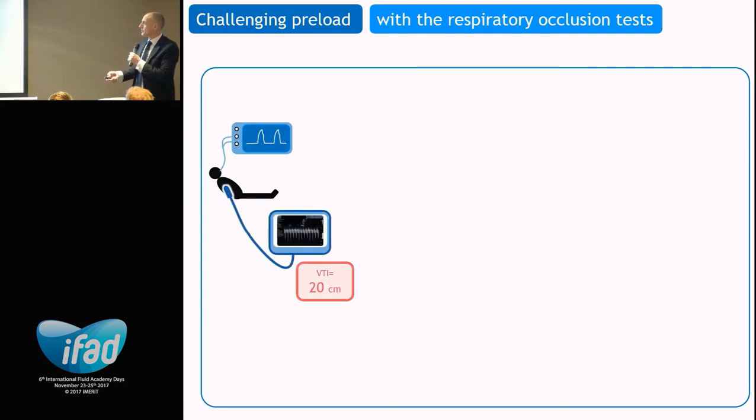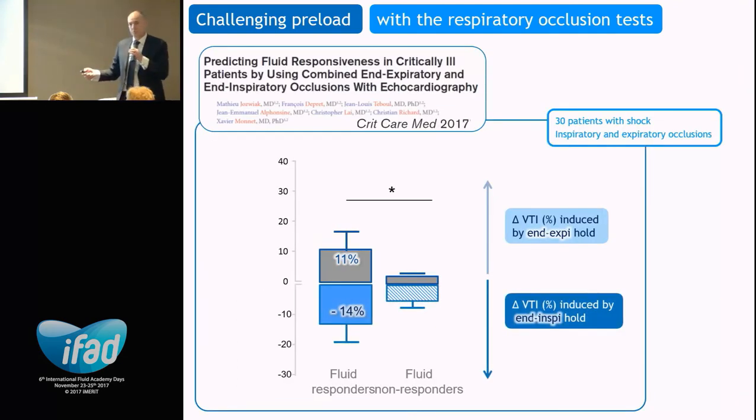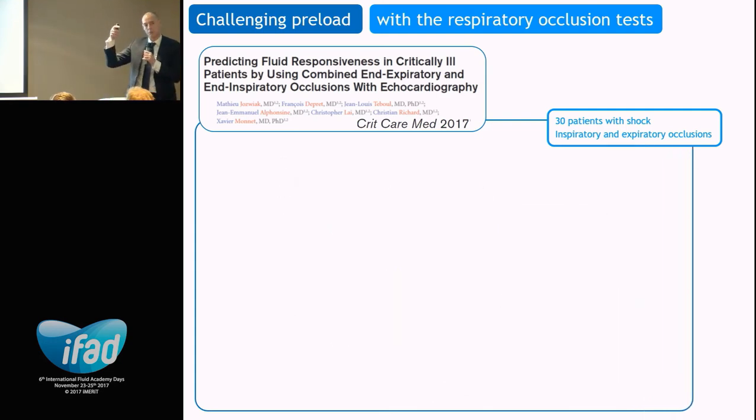We actually observed that during end expiratory holds, there was more change in VTI in responders. During end inspiratory hold, there was also a larger change in fluid responders. And so the total effect was larger in responders. Why did we add this end inspiratory hold to the end expiratory hold we already described?